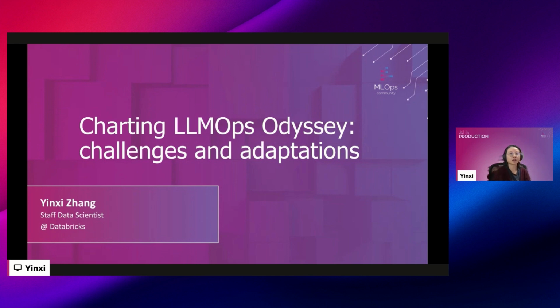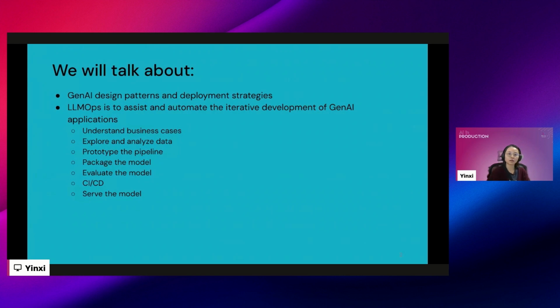Throughout this talk, we want to talk about different generative AI design patterns and deployment strategies. We want to emphasize and shed light on LLMOps. It is basically trying to assist and automate the iterative development of GenAI applications.